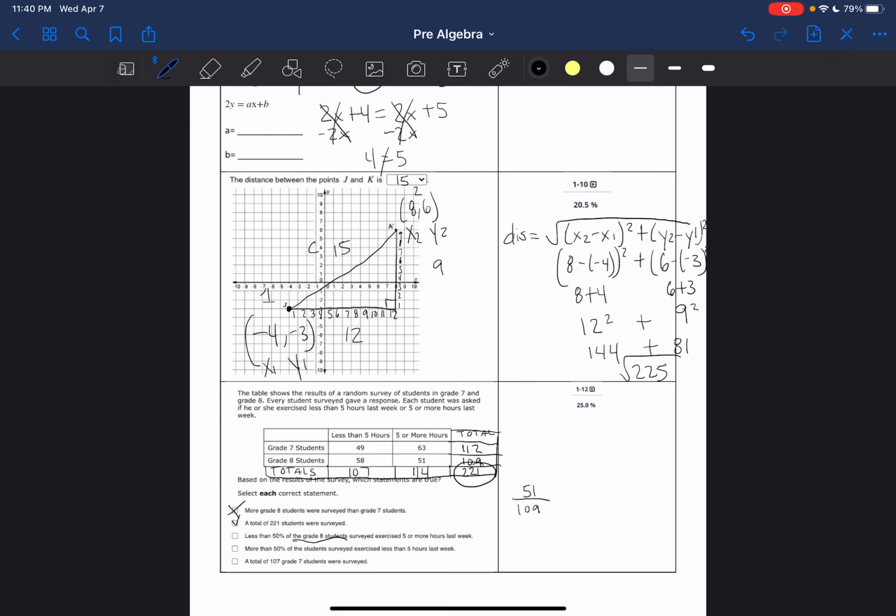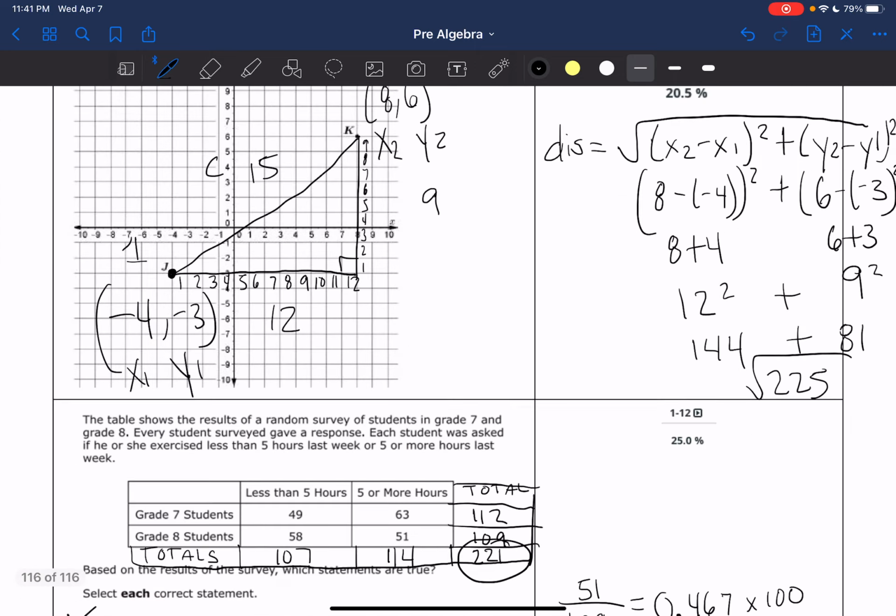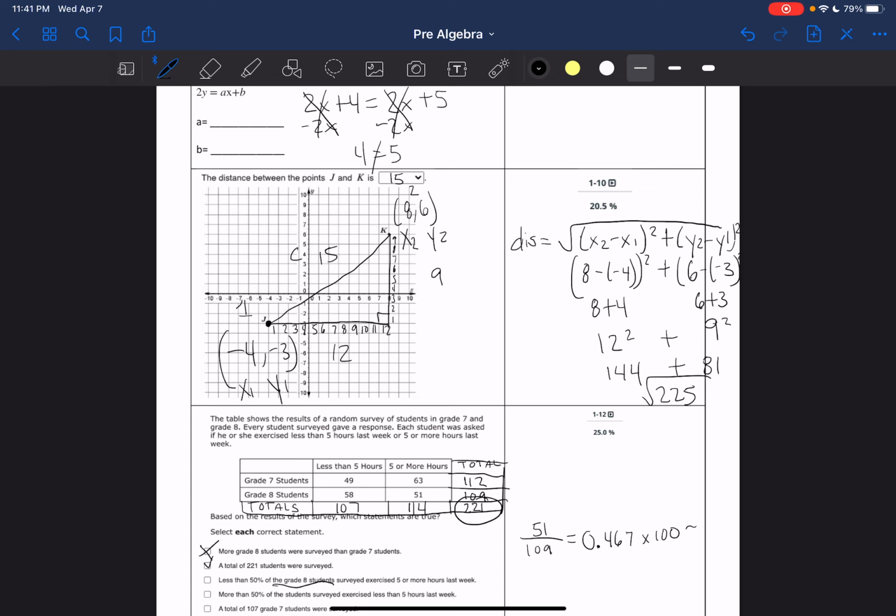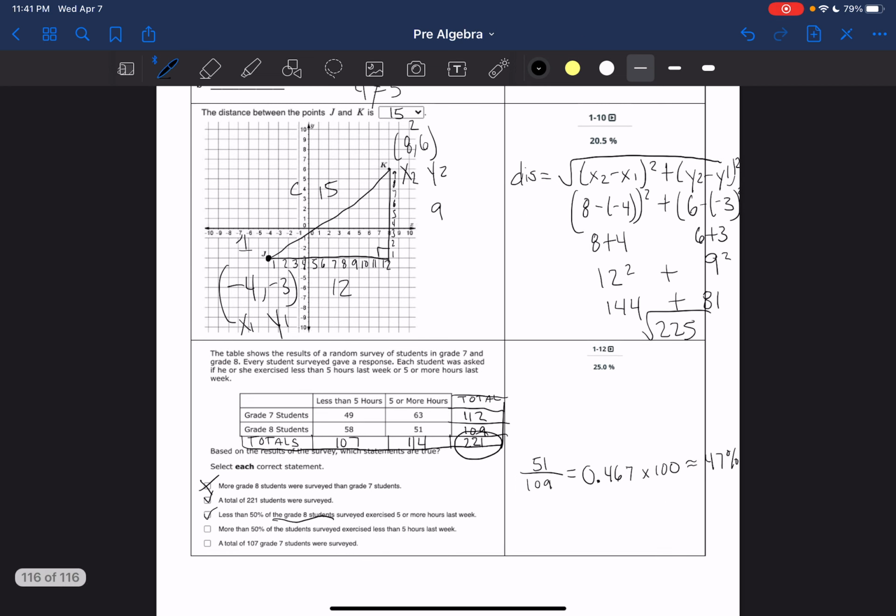So I can go ahead and divide that. 51 divided by 109 comes out to 0.467. And in order to take that decimal and make it a percent, I can multiply by 100. And that comes out to approximately 47%, which is less than 50%. So that one would be true as well.